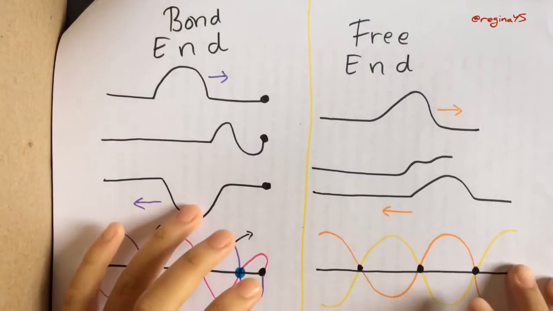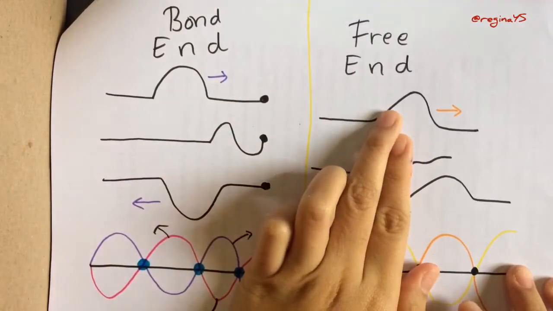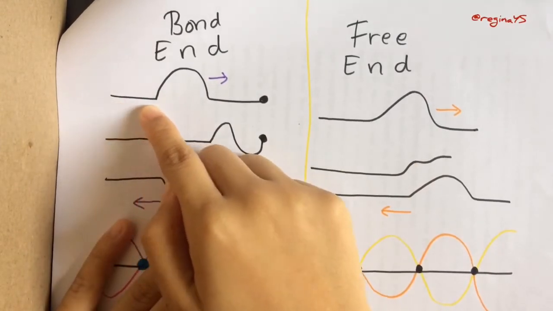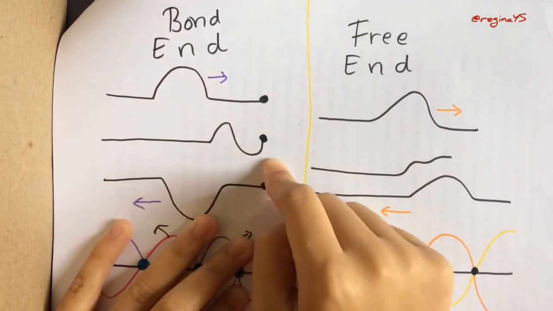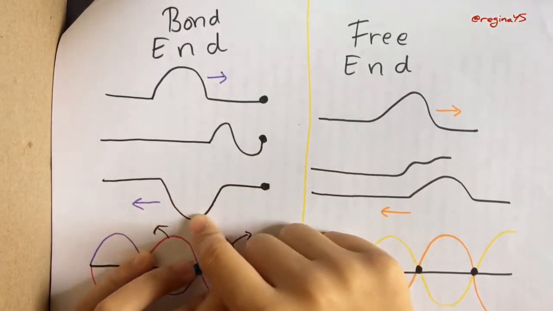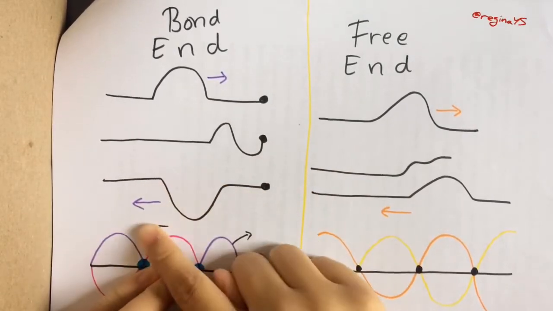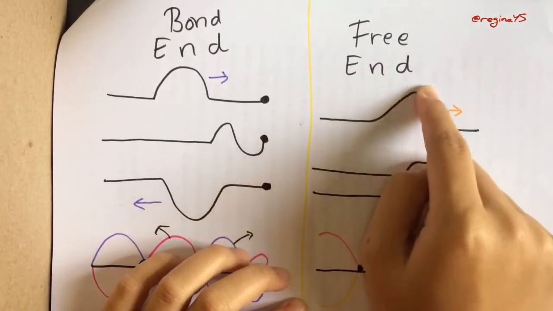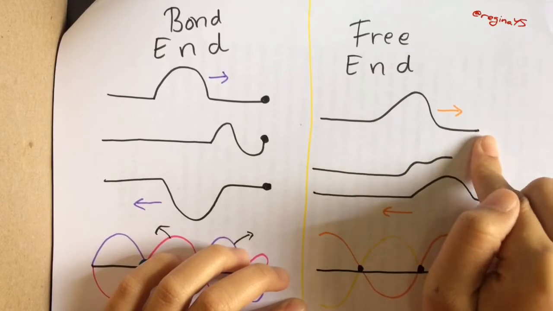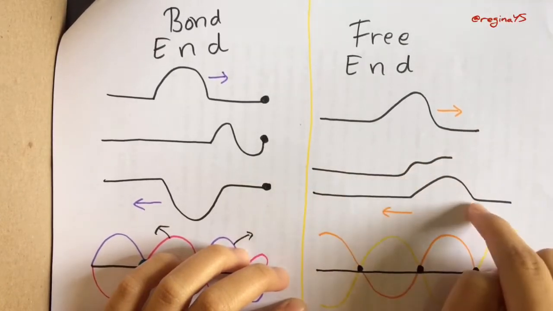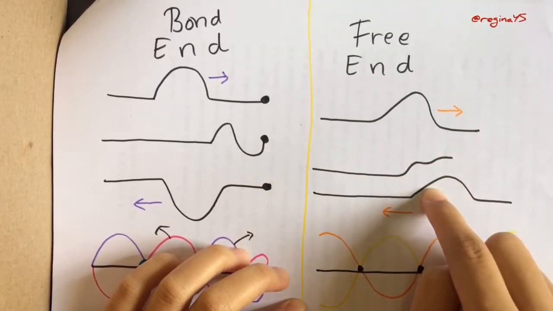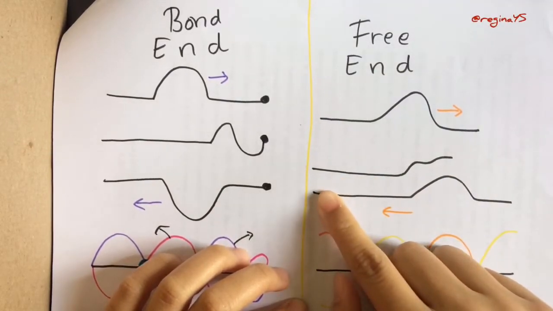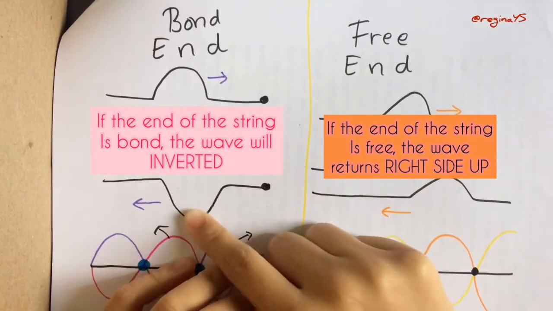To differentiate between bound end and free end: if it is bound end, when the wave comes and meets the boundary, it will invert and go upside down, right? While for the free end, if the wave comes all the way until the string end, like this, the wave will return right side up, different from bound end that goes opposite.